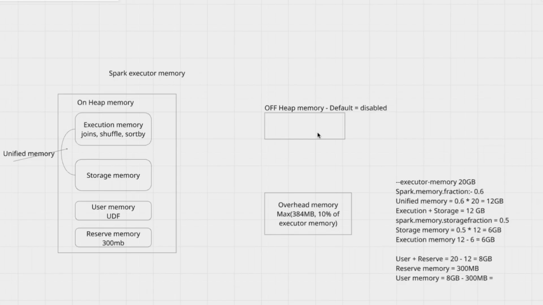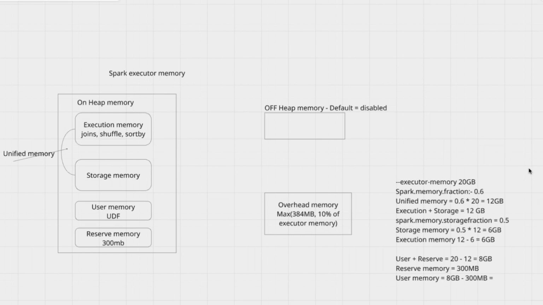Whenever you submit a Spark application and you give the instruction that you need an executor memory of 20 GB, this will go to YARN, and the total memory assigned to your container will be 20 GB of executor plus overhead memory.